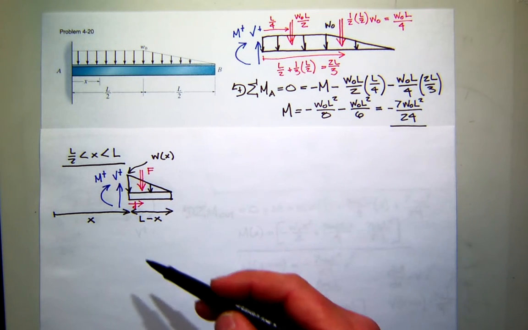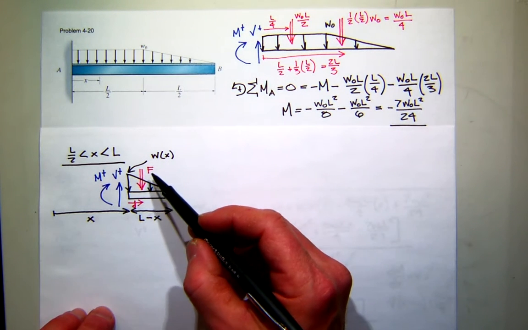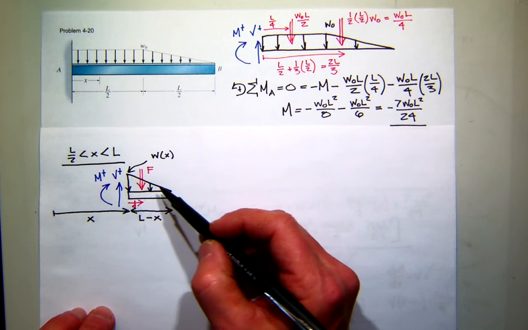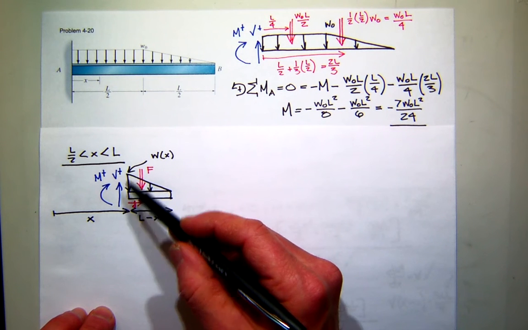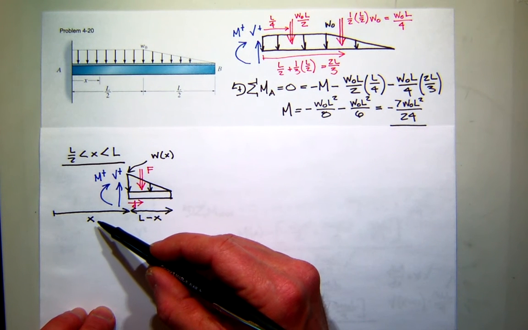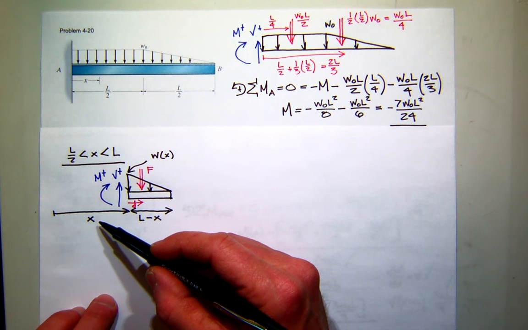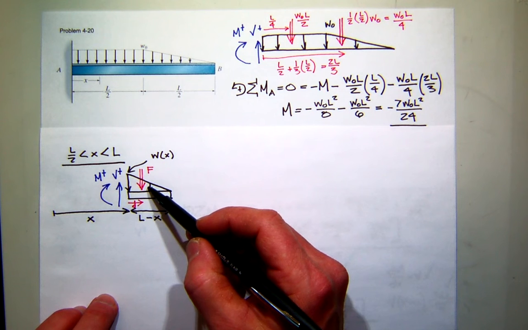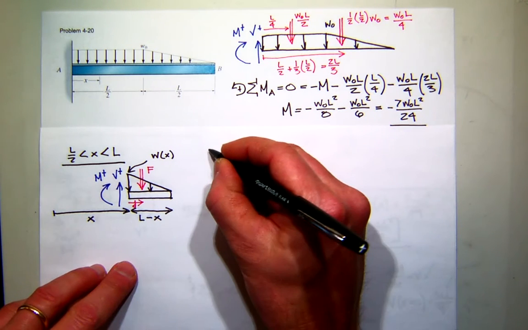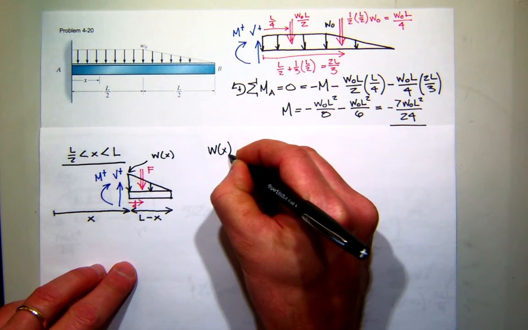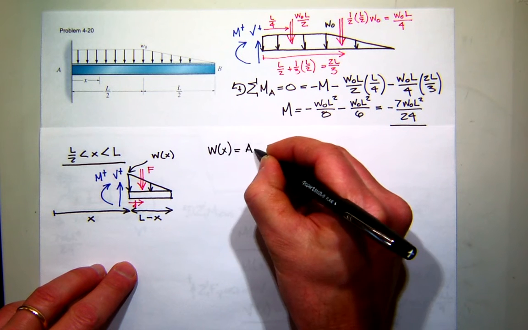So this looks like a simple free body, but you see one of the challenges is we have to write this function in x. That's what would be my length. How do you do that? Well, you know the slope, right? So let's look at the general equation for the line: ax plus b, right?